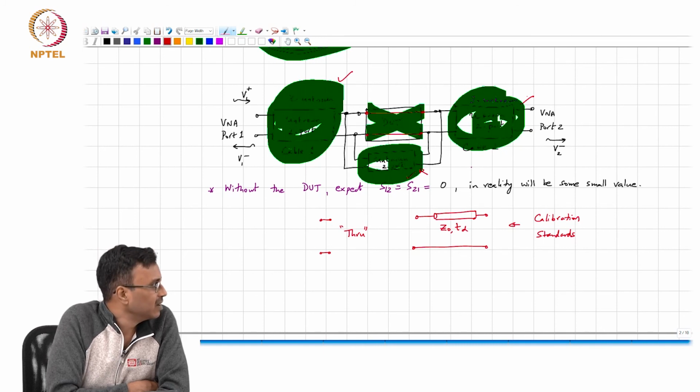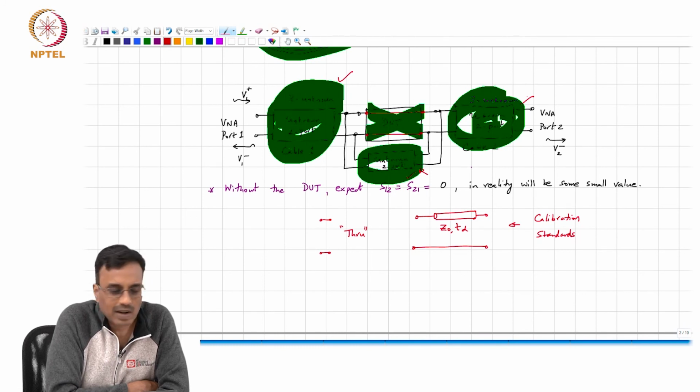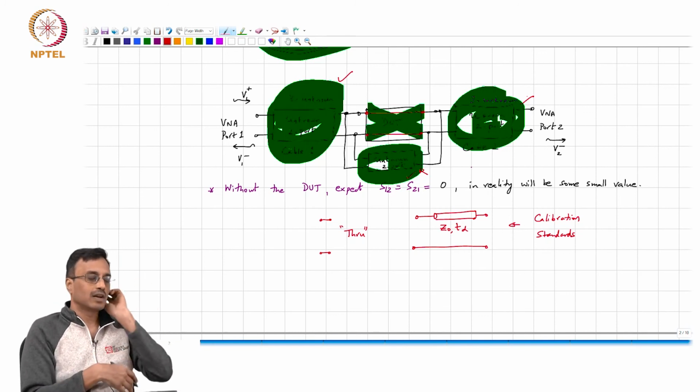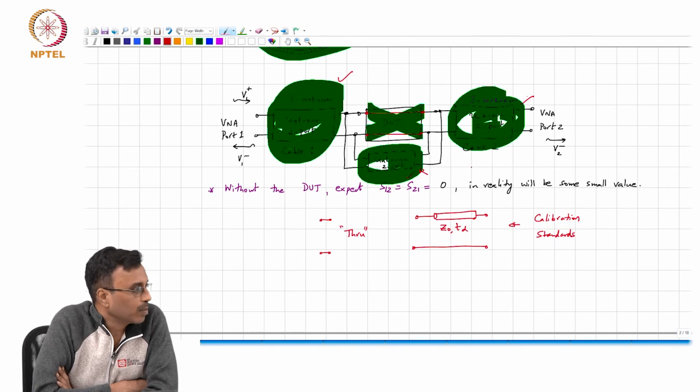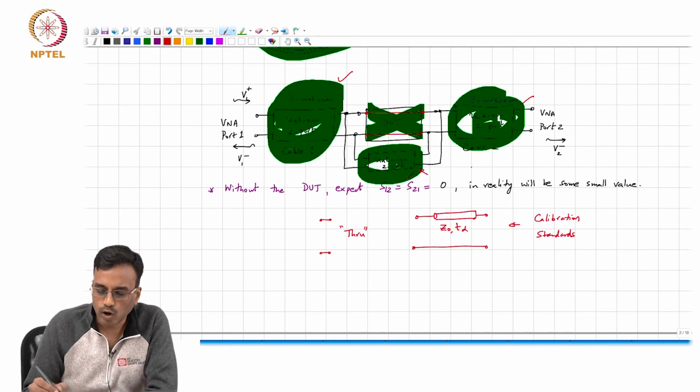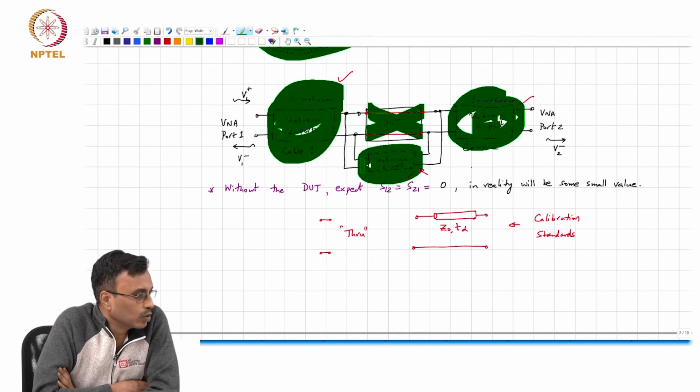And several standards exist. As you can imagine, there are several calibration techniques with increasing complexity and therefore accuracy as you keep going, and they are all aimed at figuring out how to eliminate this unknown two port.